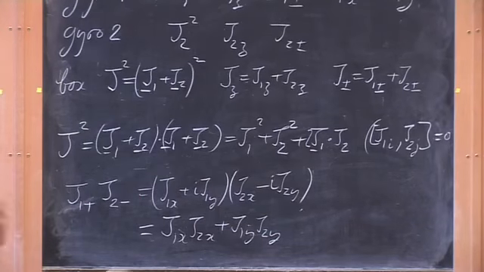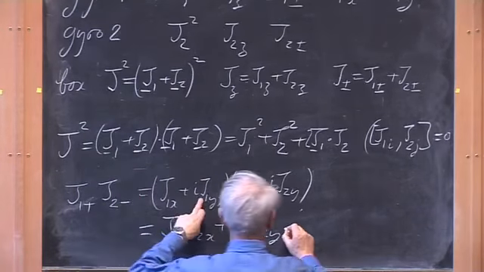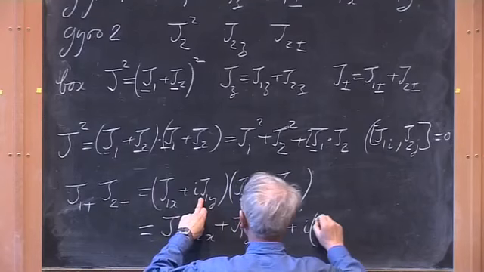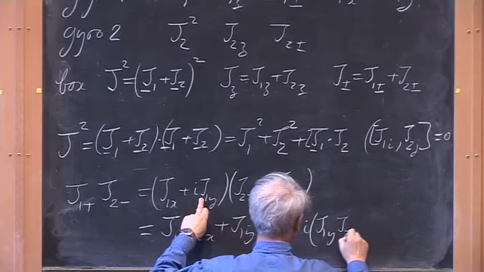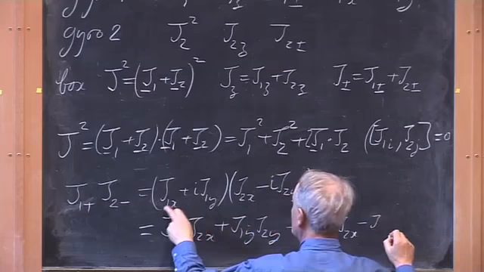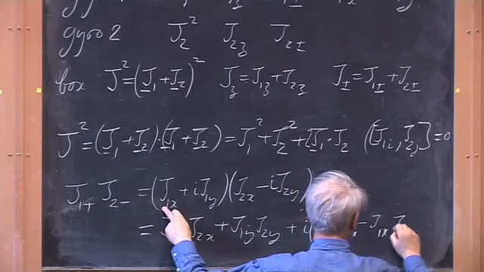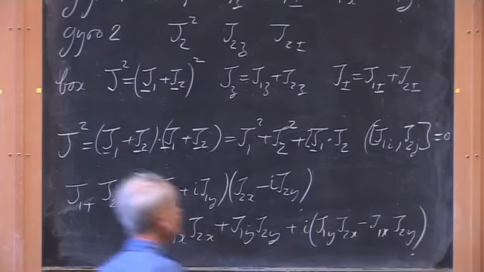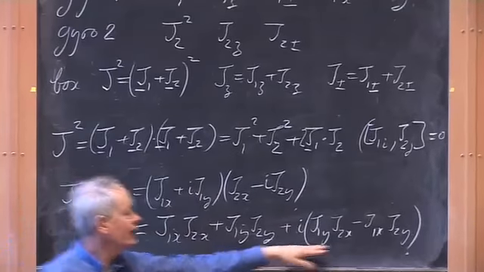But unfortunately I get other stuff, which is plus i (J1y J2x minus J1x J2y). So this I want, this I don't want.